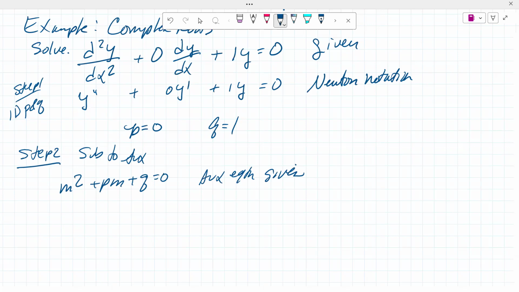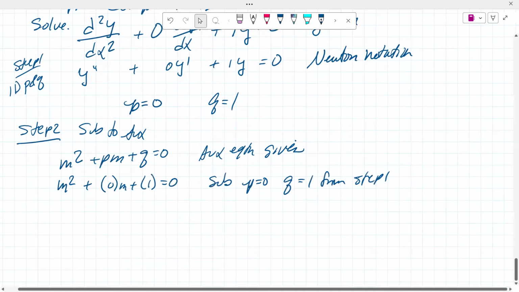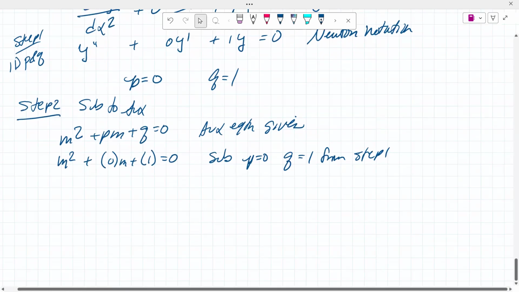And now we're going to sub in the p and q values. M squared plus, what's p? 0. M plus, what's q? 1 equals 0. Sub p equals 0, q equals 1 from above, from step 1.